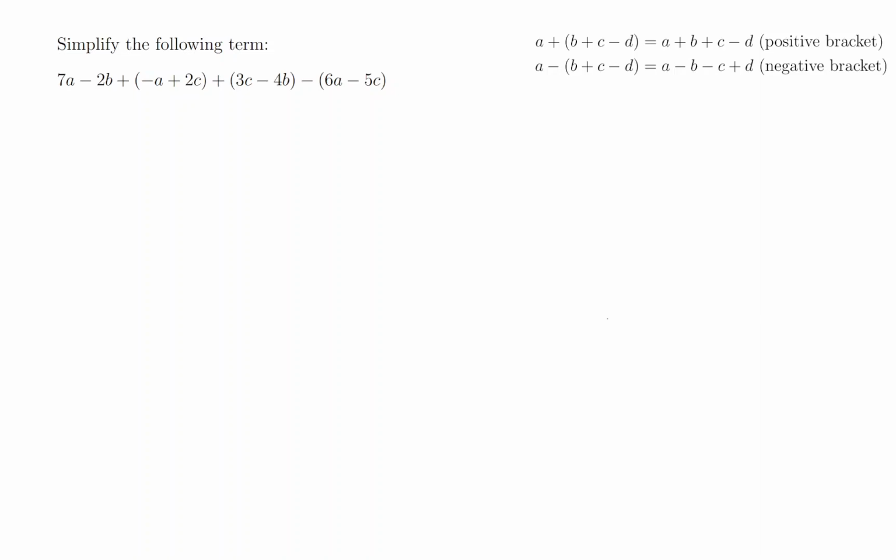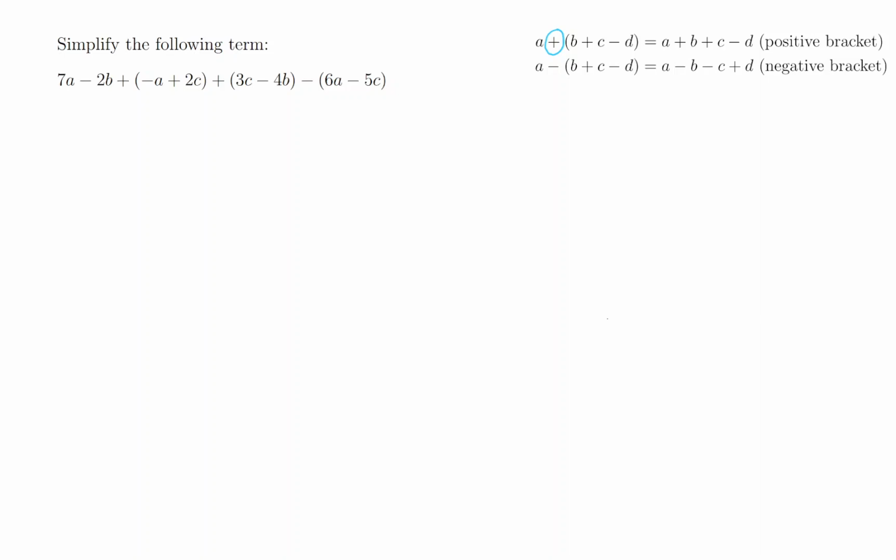So positive bracket, we can see here. What is a positive bracket? A positive bracket is a bracket that has a positive sign in front of it. So we can see here, directly in front of the bracket, there's a positive sign. How do we deal with a positive bracket? It's very easy.